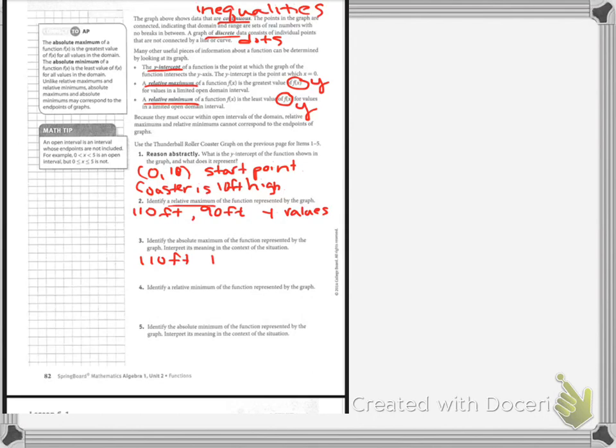And that is the highest point of the coaster. What about a relative minimum? Well, the relative minimum was 30 feet. And then we have an absolute minimum at 10 feet. And that is the lowest point of the coaster.